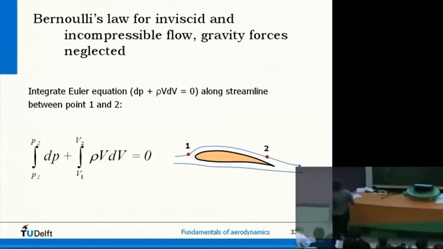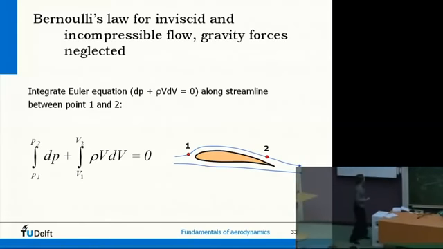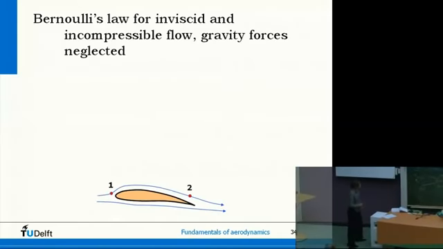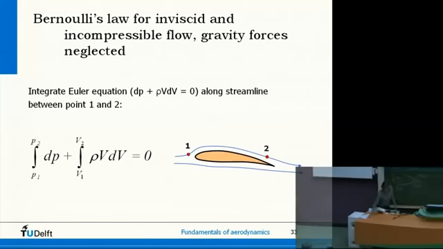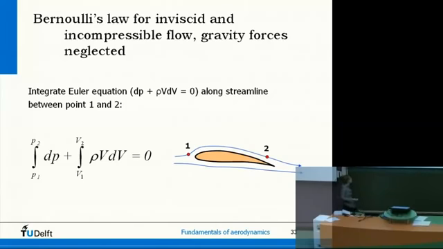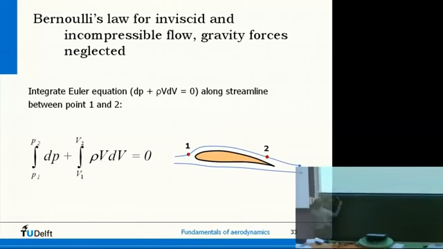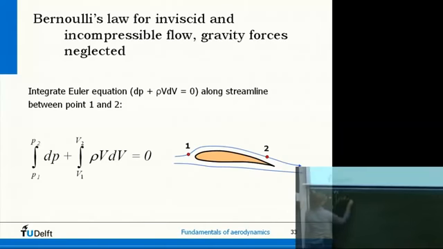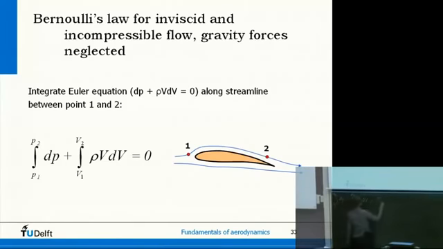Now, integrate dp plus rho v dv. So then we need the primitive, right? We have the integral from state 1 to state 2 of dp plus the integral from state 1 to state 2 of rho v dv. We assume rho constant. What is the primitive of dp? P, between p1 and p2.